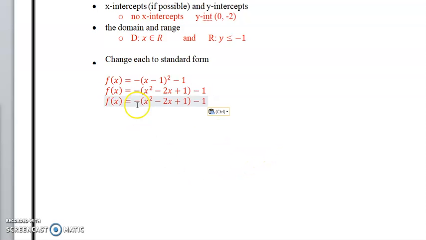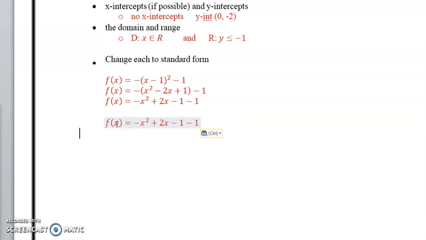Alright, and now we make everything negative in brackets here, so the brackets are going to be gone. So, there we go. Negative x squared, negative negative gives you plus 2x, and the negative times positive gives you negative x minus 1.